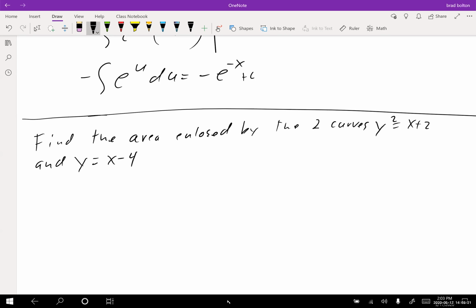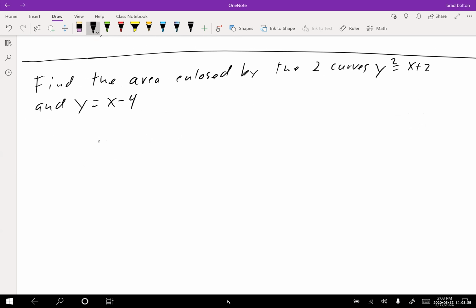So now we're going to take a minute to graph this. If you're not sure how to graph this guy here, you're supposed to know that when you have the y squared, you have a horizontal parabola, or a sideways facing parabola. When you have this situation, we could do it two ways.